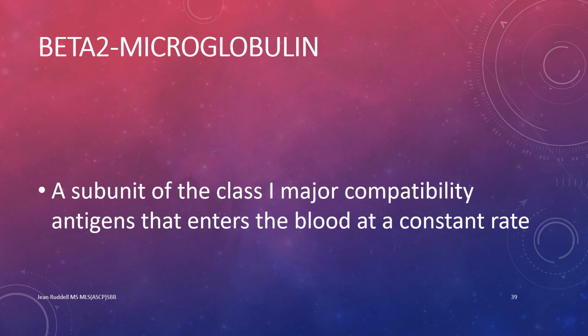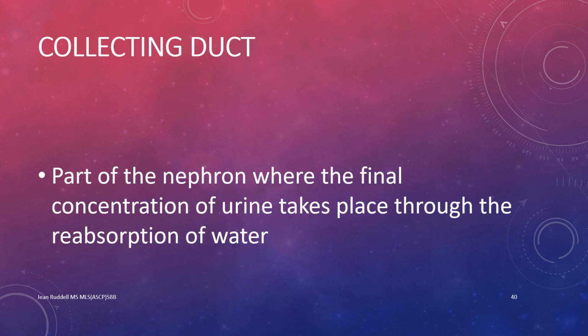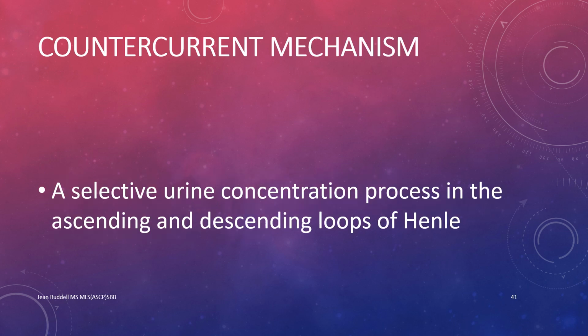Beta-2 microglobulin, a subunit of the class 1 major histocompatibility antigens that enter the blood at a constant rate. Collecting duct, a part of the nephron where the final concentration of urine takes place through the reabsorption of water. Countercurrent mechanism, a selective urine concentration process in the ascending and descending loops of Henle.